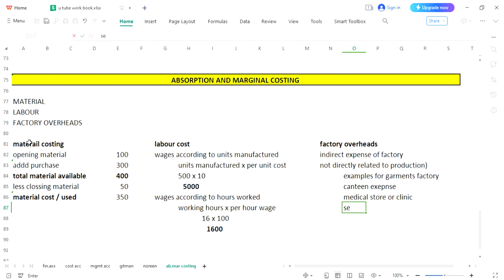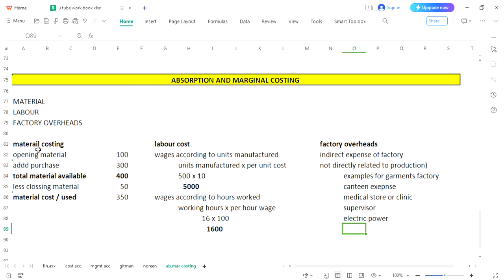Similarly, you have your supervisor, which has no concern with the production. He will never be running a machine, just supervising. So indirectly, he will also be part of production, but indirect. Medical store, indirect, canteen, indirect, supervisor, indirect, and then you will see electric power.